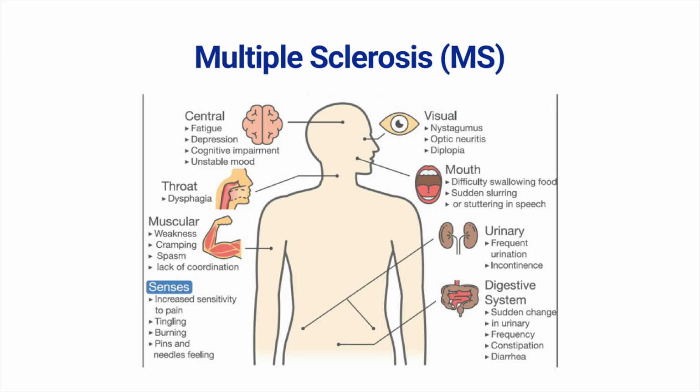AFOs are commonly prescribed to assist with dorsiflexion, improve the foot clearance during swing, and also reduce the effort required for walking. So design considerations for orthoses in MS include lightweight material, ease of use, comfort, and also adaptability, because symptoms may change over time, and orthoses must be adjustable or easily modified to accommodate progression or fluctuation of the condition.